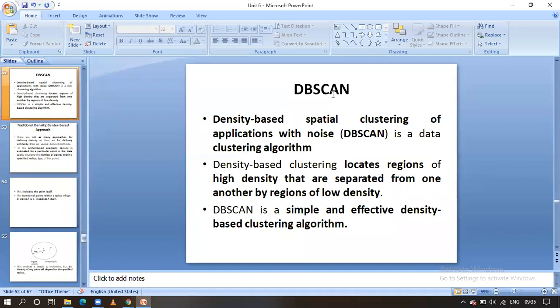The next one is agglomerative hierarchical clustering, which is also not density based. We have only a few density-based algorithms, and DBSCAN is the effective and simple one. The main theme is that it separates the high density region from the low density regions.